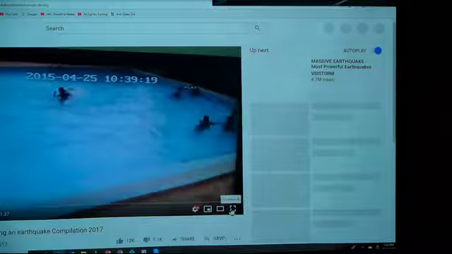I love this video. This is on swimming pools and earthquakes. So here's some guys happily swimming and then the earthquake. It's amazing how large of a wave you can get in a swimming pool that small. That looks like a 3-foot wave. Yeah, where's the boogie boards? But wait, there's more.